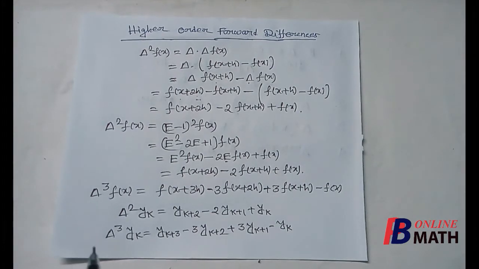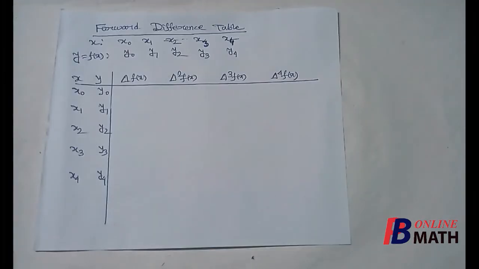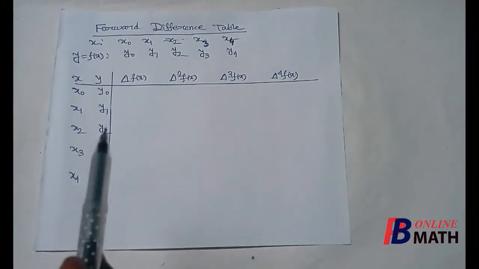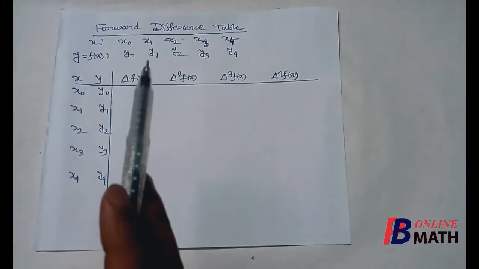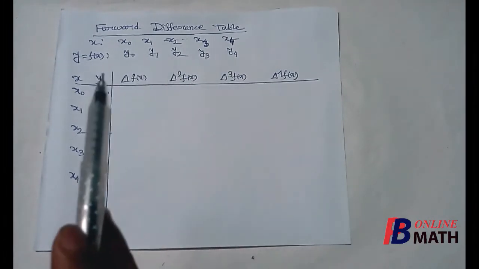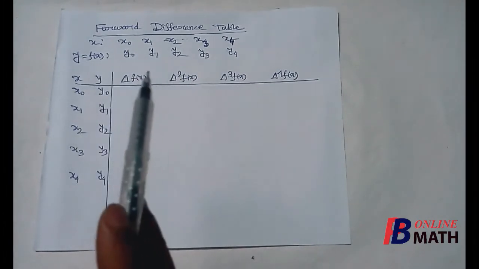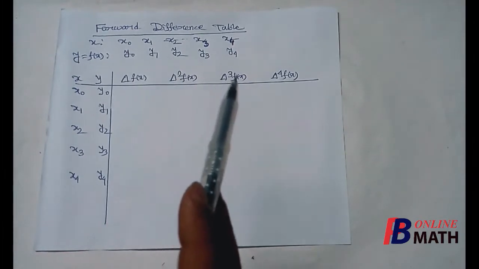Now we shall construct a table from where you can find any order forward differences. So let us construct the forward difference table. Next we shall learn how to construct the forward difference table from the given data. Suppose there are 5 arguments x0, x1, x2, x3, x4 and corresponding 5 entries y0, y1, y2, y3, y4.